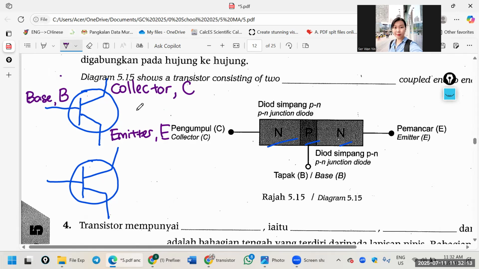So when I say C, I'm saying collector. B, base. No matter up or down, always CBE. Can? And what's the difference between NPN and PNP? You will see that one arrow goes down and one arrow goes up.